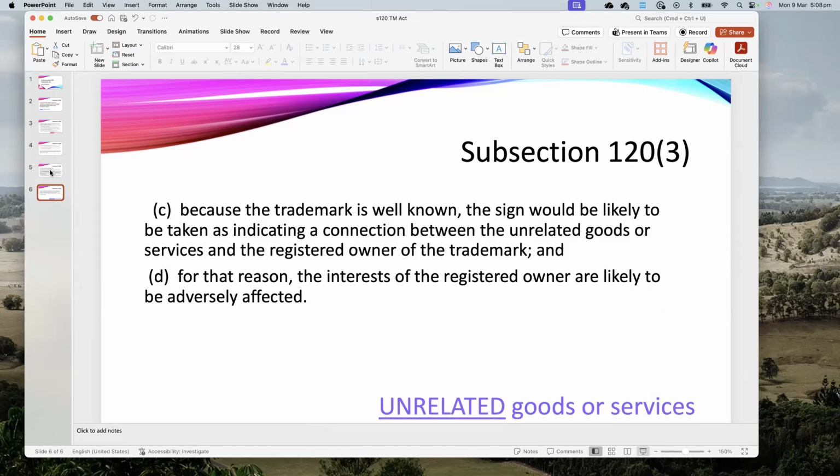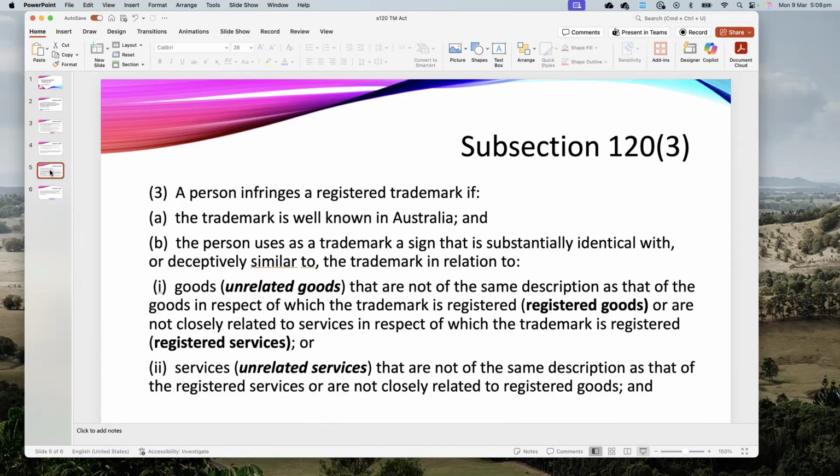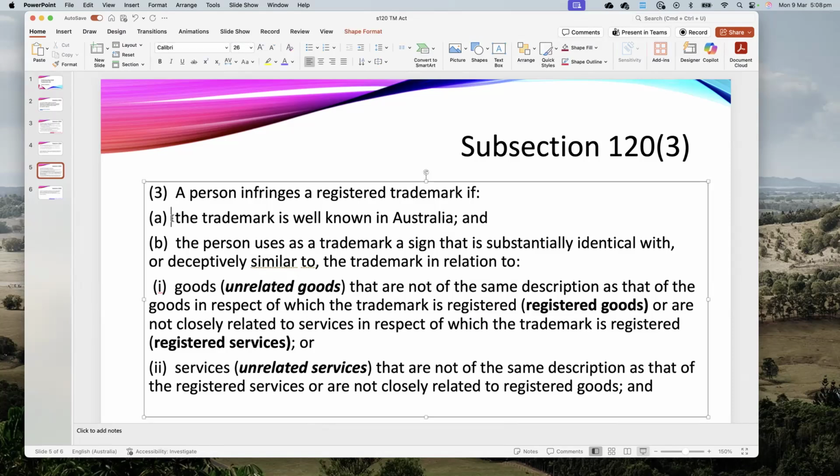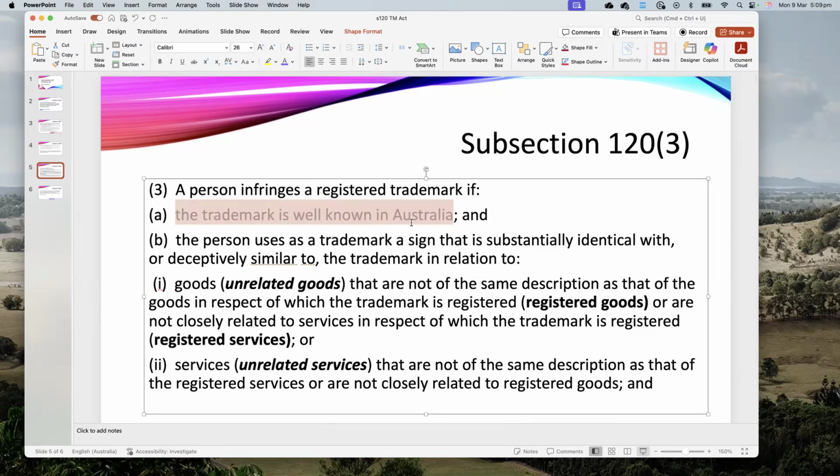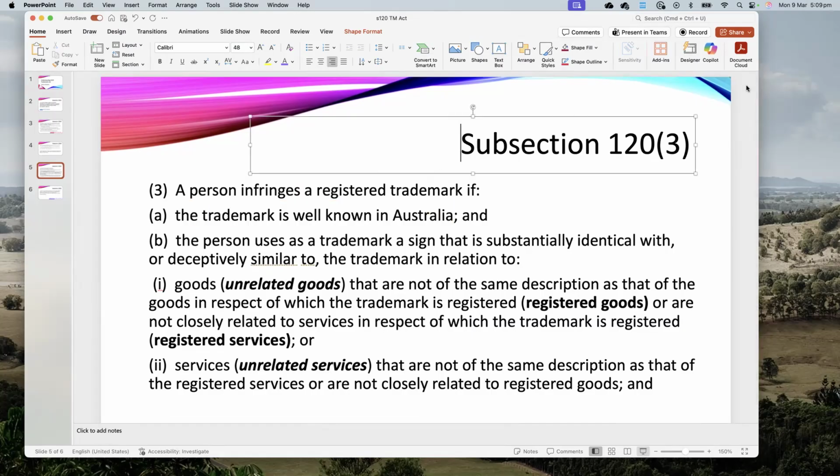Now, students often get confused with subsection 3 and they want to apply subsection 3 when it's not relevant. And I think they get confused because what they focus on is paragraph A. The trademark is well known in Australia. And they have a problem scenario and they think, well, this trademark seems well known, right?